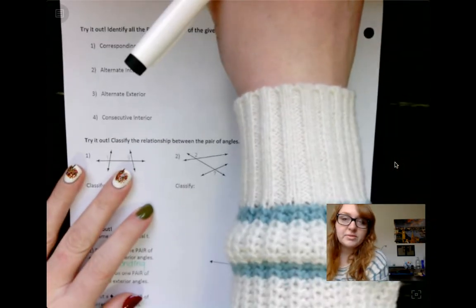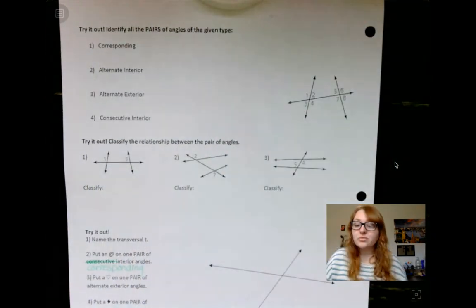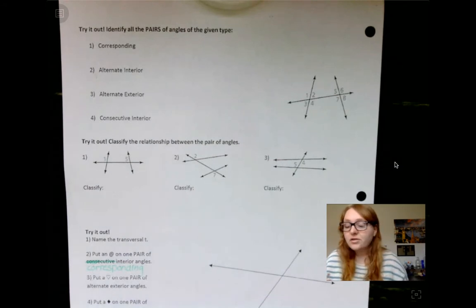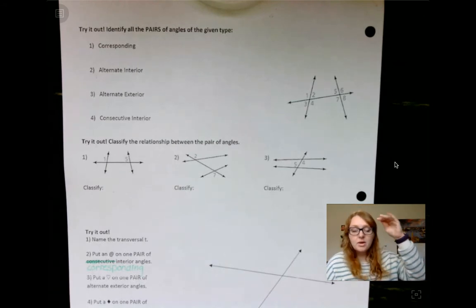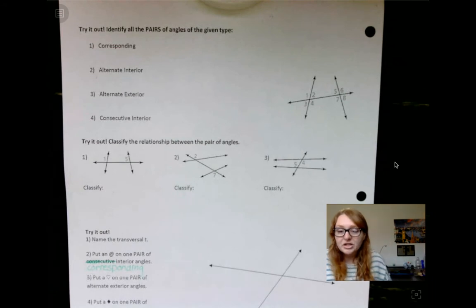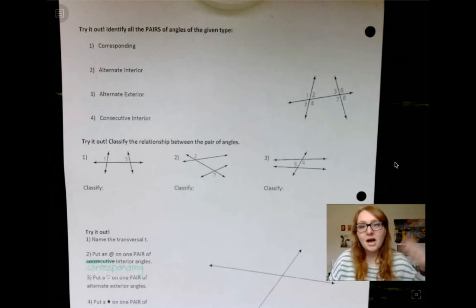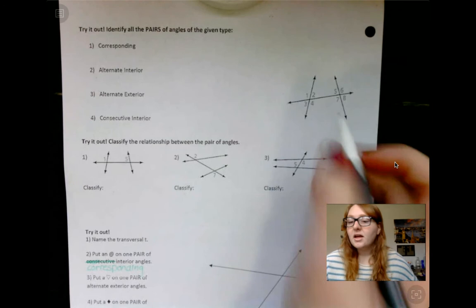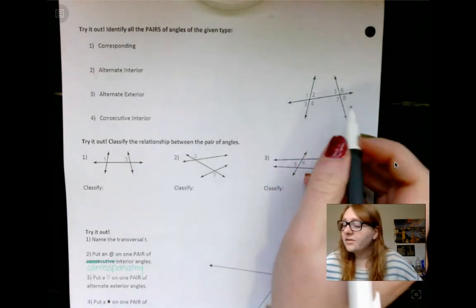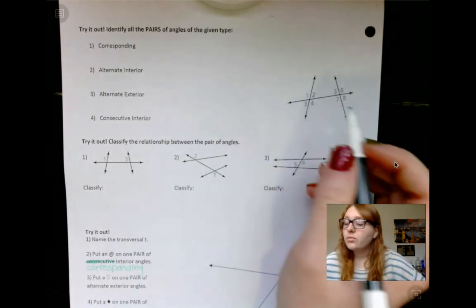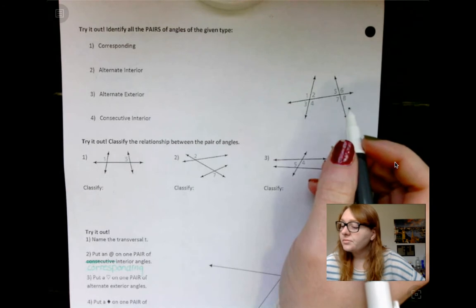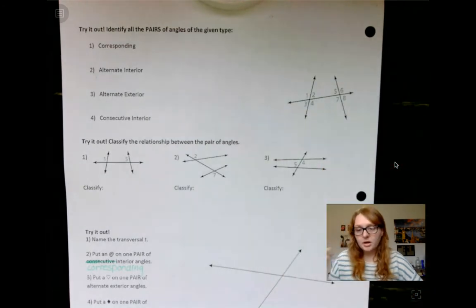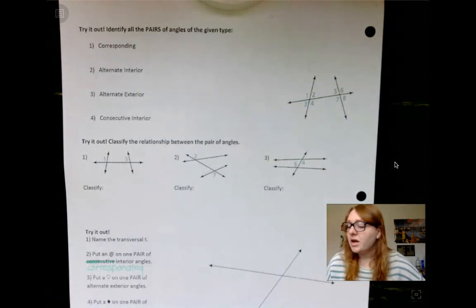Now we just want to do some examples. We're all done with definitions, so we're going to look at this and name all of these types of angles. Okay, so the first one is corresponding. Remember that corresponding angles happen at the same part, the corresponding positions in two different angles. So top left and top left. Okay, these look a little different than what we were already talking about, because I had my parallel lines flat, whereas they do not.